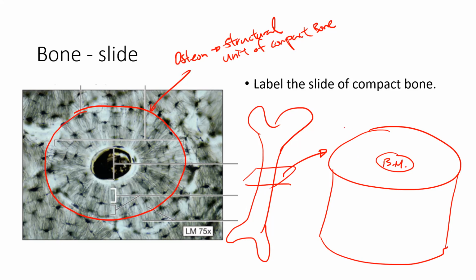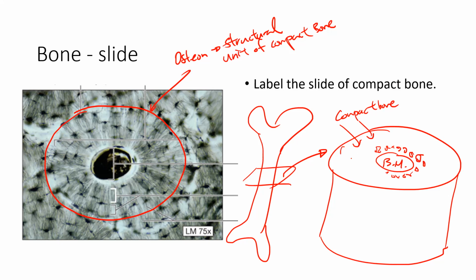And then the outer fringes, that's where your compact bone will be. As you get closer and closer to the bone marrow, it becomes spongy bone, which has more holes in it.